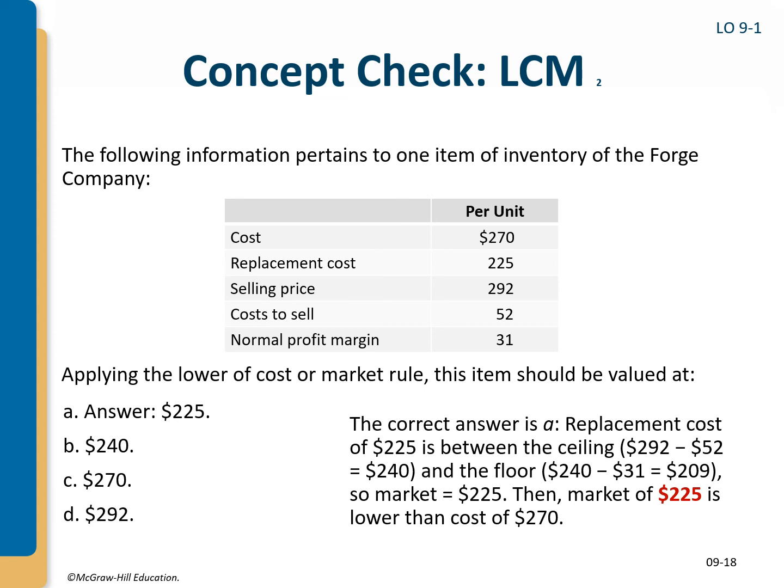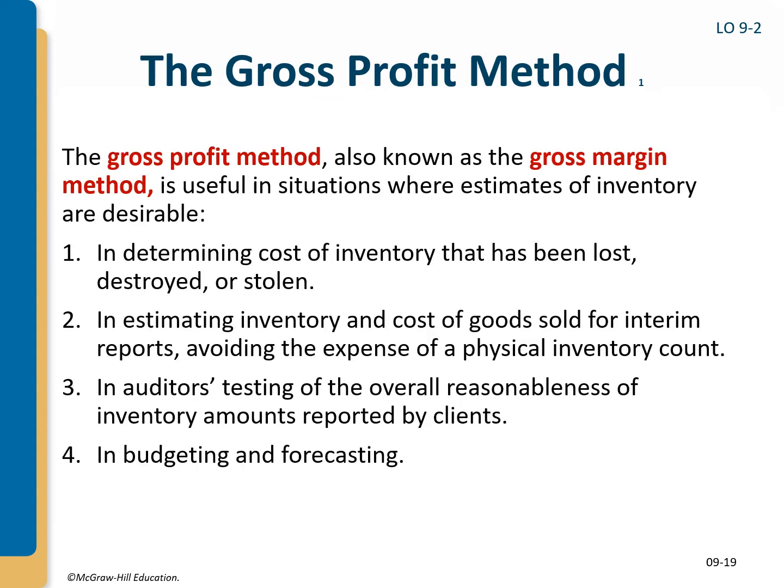Because remember, you're pricing your items on cost. And now we're saying, well, you can't use cost, you got to use market. So we don't want your market to cause your gross profit to go too high or too low. And that's the reason for this exercise. So that is the lower of cost or market.